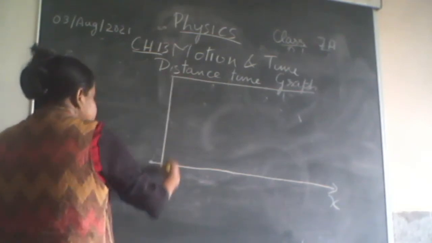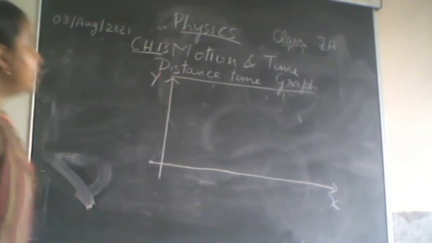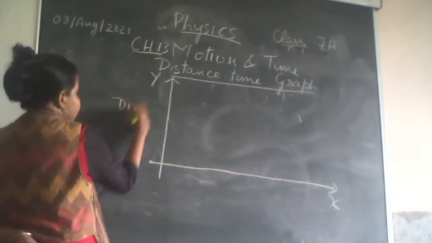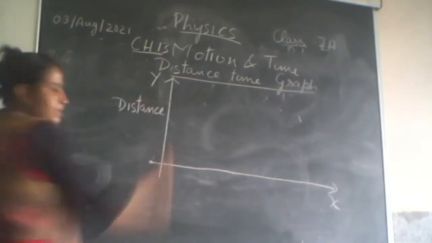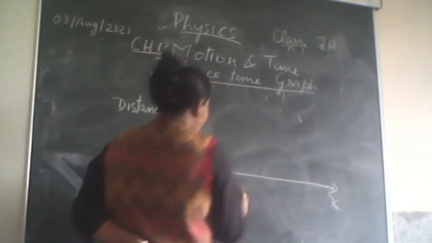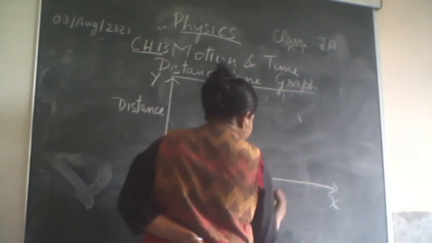And this is the y-axis. Okay, now on this y-axis we have distance covered, and on the x-axis we have time taken.